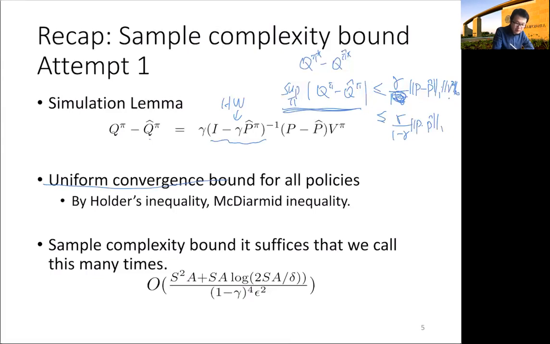The key issue is that this pi hat is actually data dependent, so we cannot naively use Hoeffding's inequality. Therefore, we use uniform convergence. Luckily, we can bound everything using 2 times that epsilon, which is epsilon.